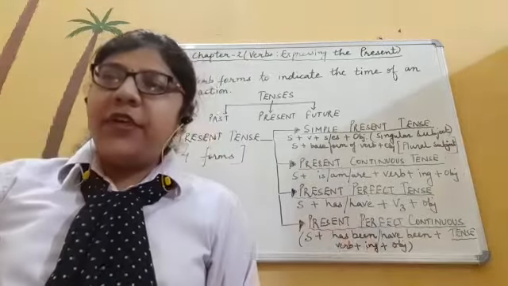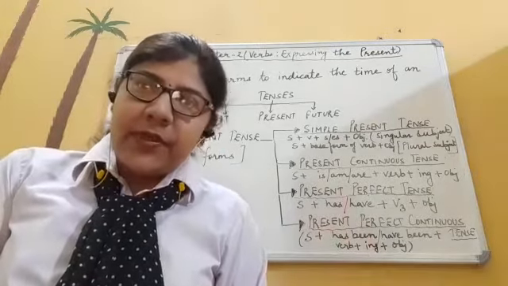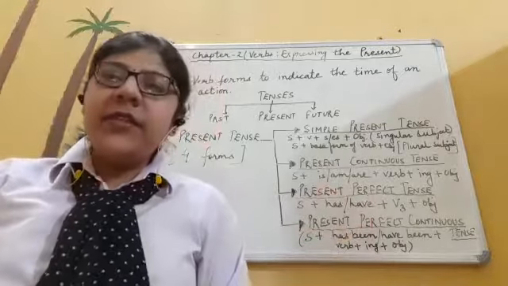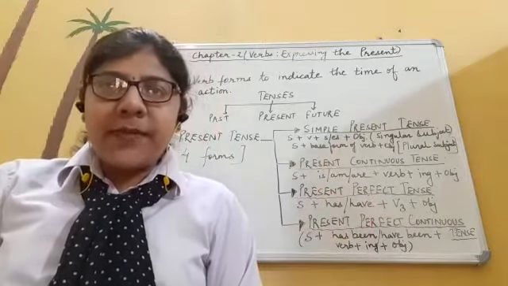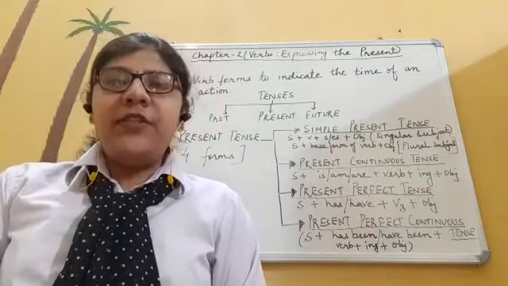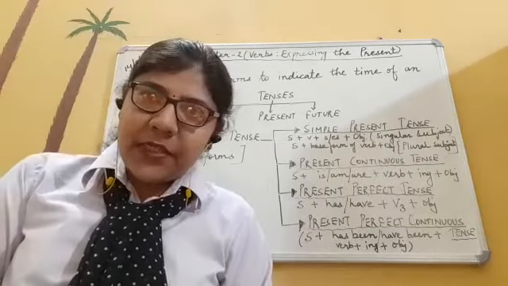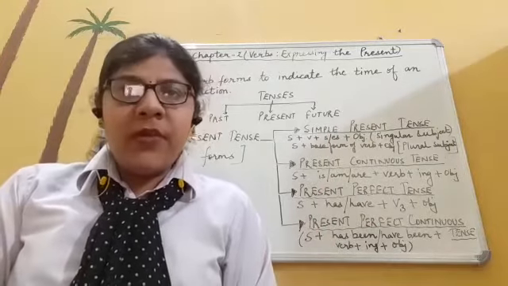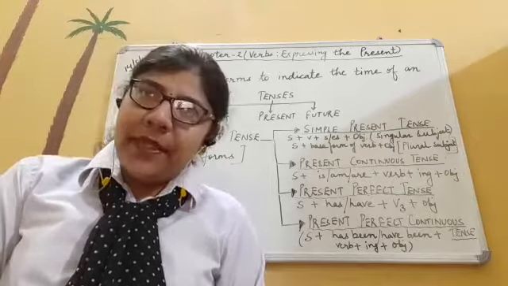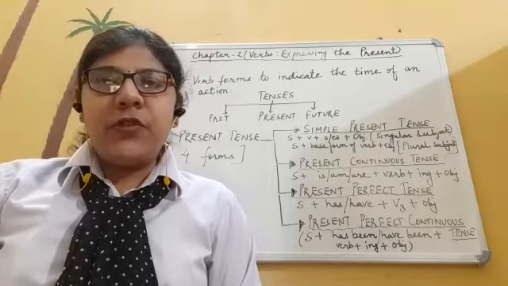They come in the category of present perfect continuous tense. And the formula for this is subject plus has been or have been plus ing form of the verb plus object. Please remember, with singular subjects you need to use has been, with plural subjects you need to use have been.